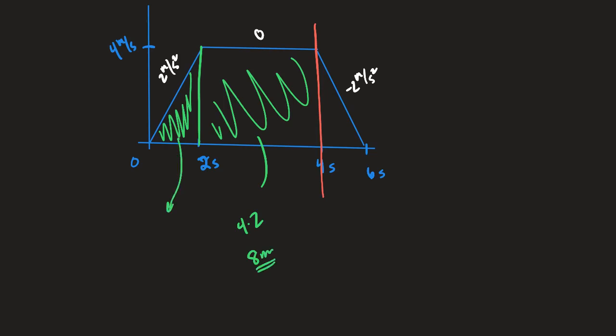This section has a displacement of 1/2 times 2 times 4, which is 4 meters. So I have a total displacement of 12 meters. Total time interval of 4 seconds. So the average velocity will be 12 meters over 4 seconds, or 3 meters per second.